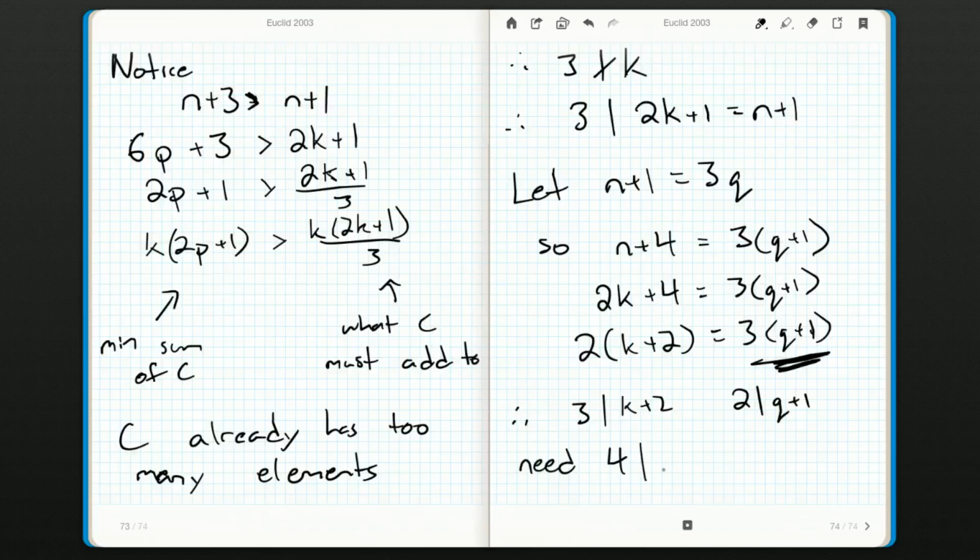So we need this. What we've got right now is that 2 divides q plus 1. So it's not enough for q to be odd. We need to know that its remainder is 3 when we divide it by 4.